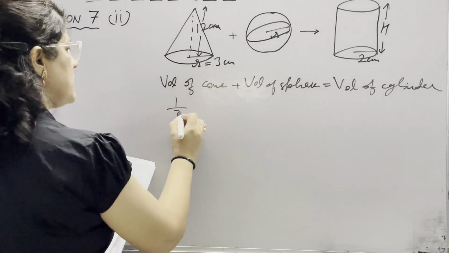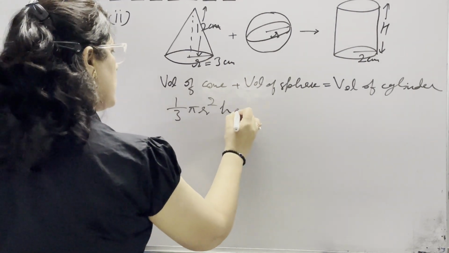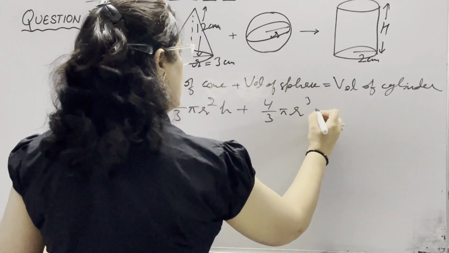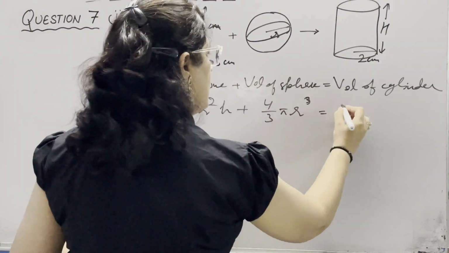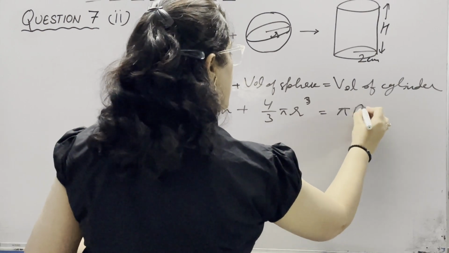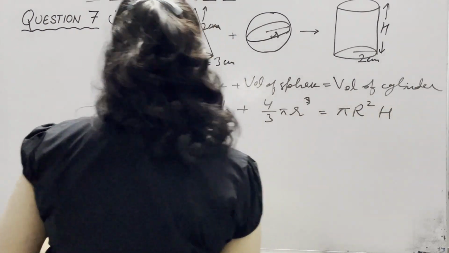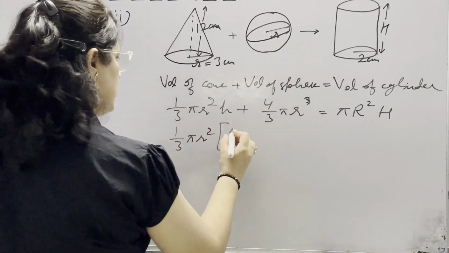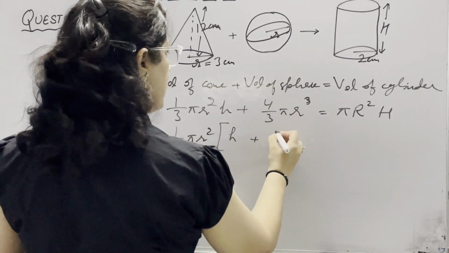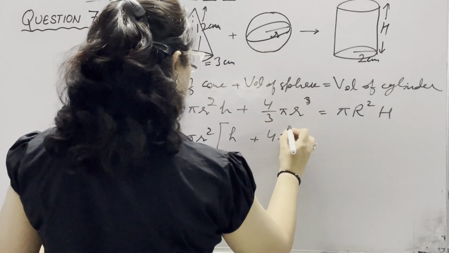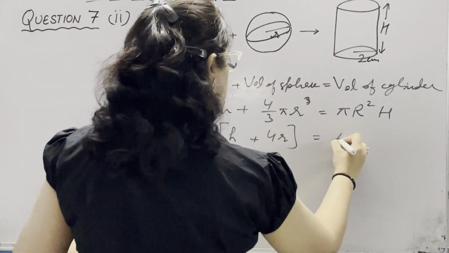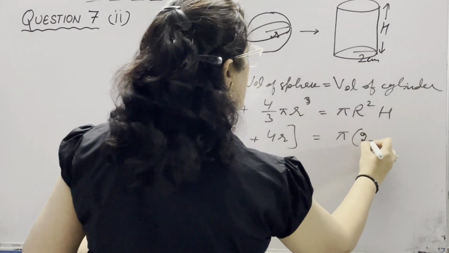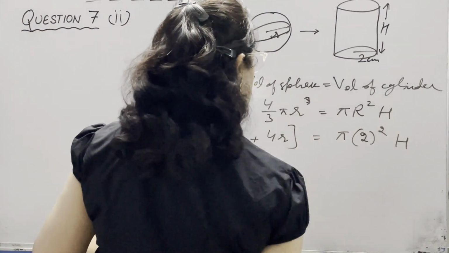Now, volume of cone is 1 by 3 pi r square h plus volume of sphere is 4 by 3 pi r cube is equal to cylinder pi r square h. Now 1 by 3 pi r square is common, h from cone and 4 r from sphere is equal to pi, r is 2 square and then h.